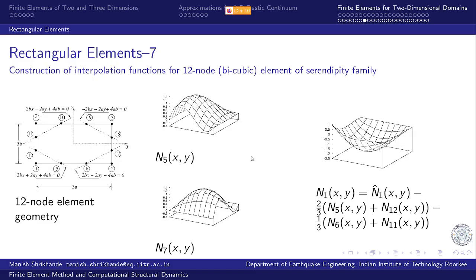Right now n5, these interior nodes, of course they can be constructed by using the interpolation models. How do you do that? For n5 it has to vanish at this edge, this edge, this edge, as well as at this node, node 6, right?